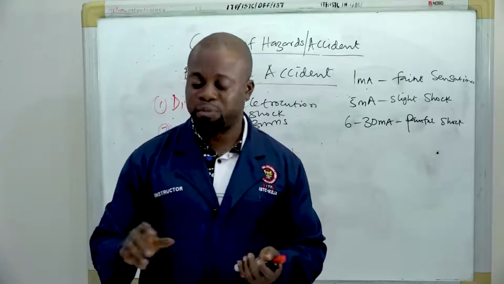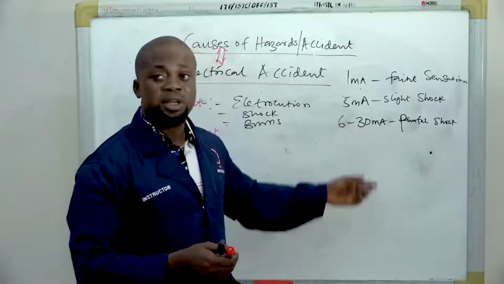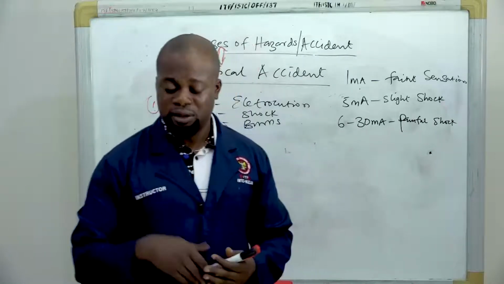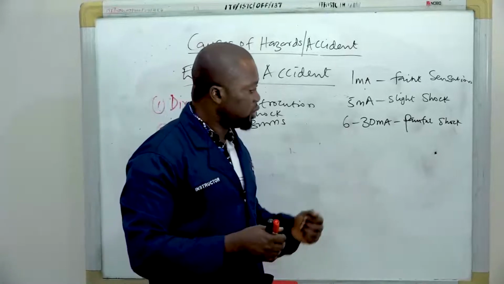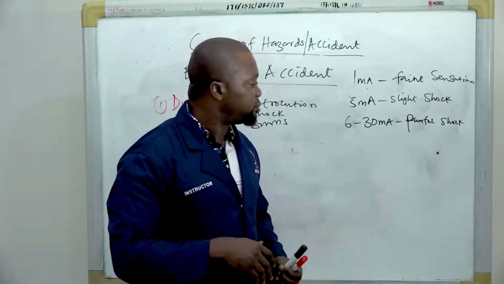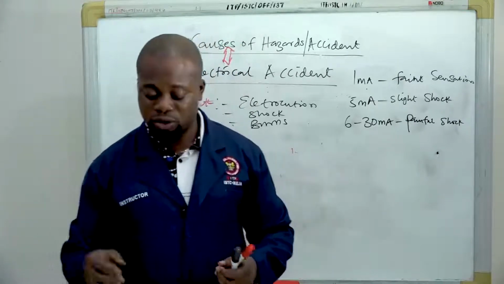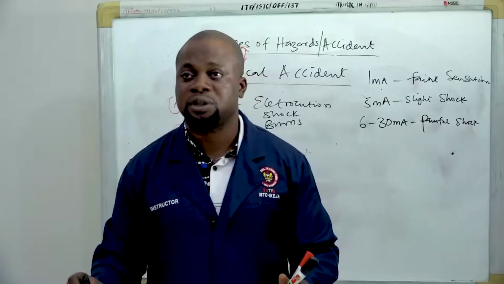It may not be possible to let go in this range, and it possibly leads to death. You can see that on the screen: 6 to 30 milliamps, painful shock, muscle contractions, and the resultant effect is death.